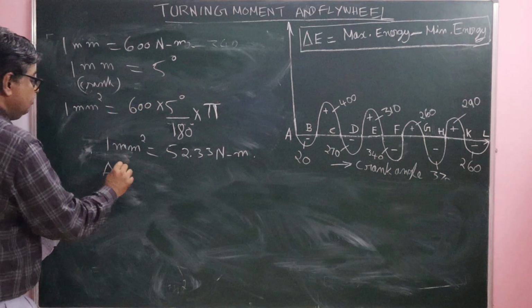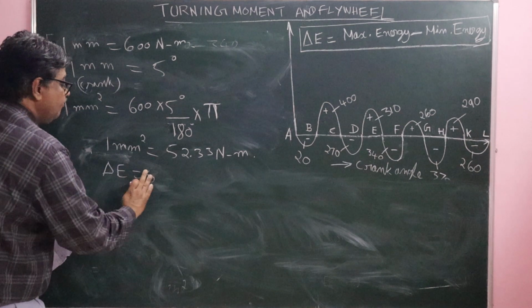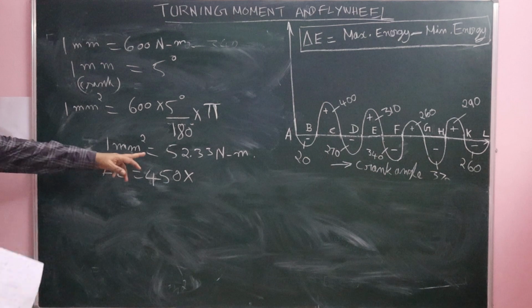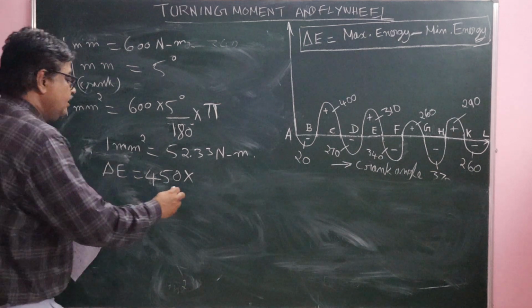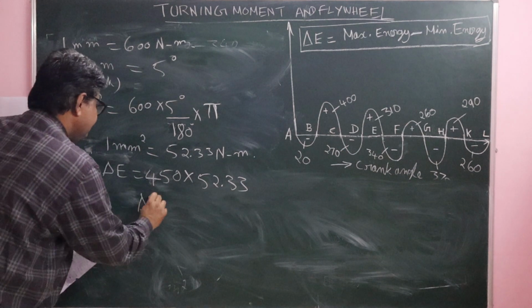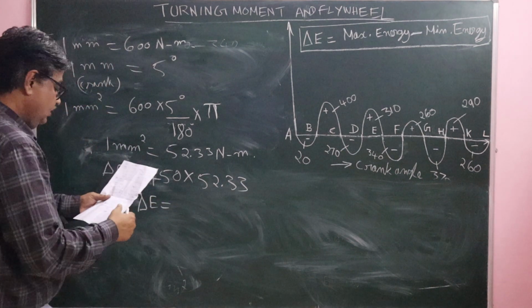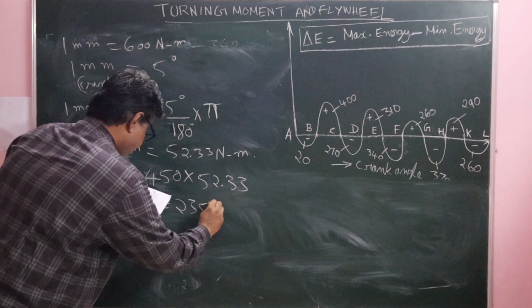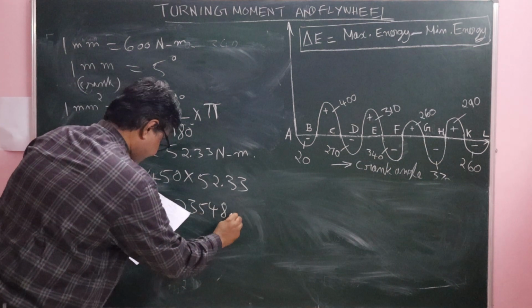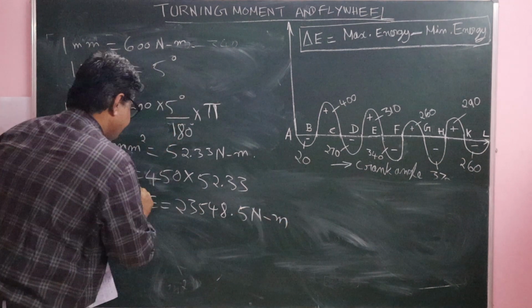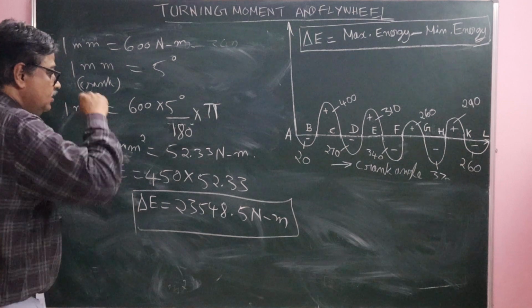Therefore, del E is equal to 450. Our area is 450 for 1 millimeter square, so for 450 millimeter square, 450 into 52.33. Therefore, del E is equal to 23,548.5 Newton meter. So, this is the maximum fluctuation of energy we have found out.